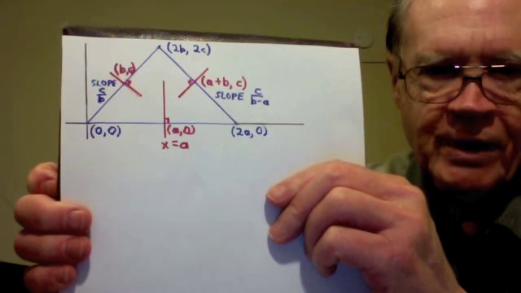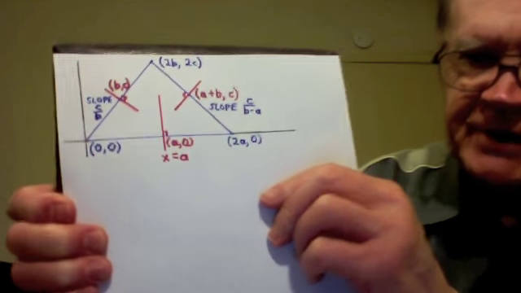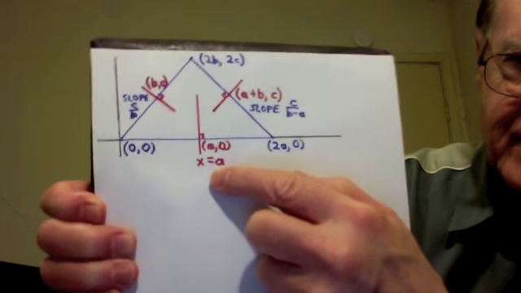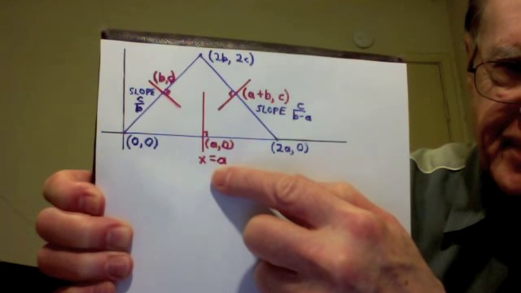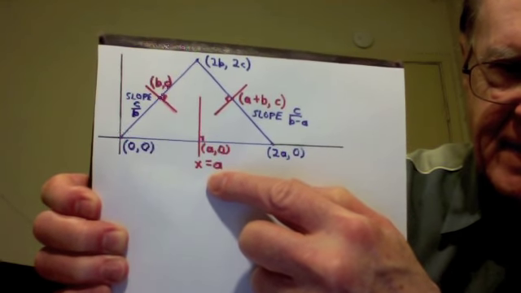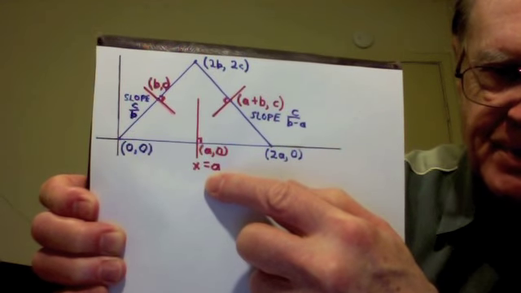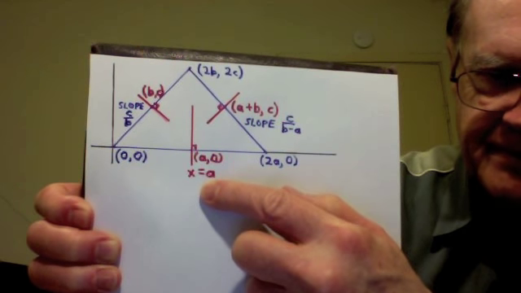Now my next goal is to find an equation of each perpendicular bisector. With this one, it's vertical. Every x coordinate on this perpendicular bisector is a, and so its equation is the typical equation of a vertical line, x equals a.